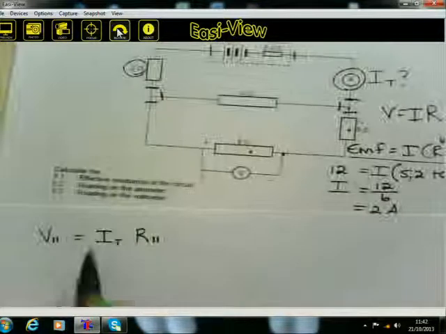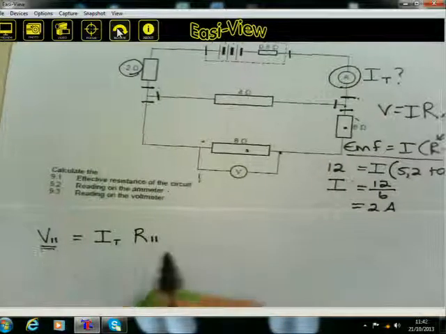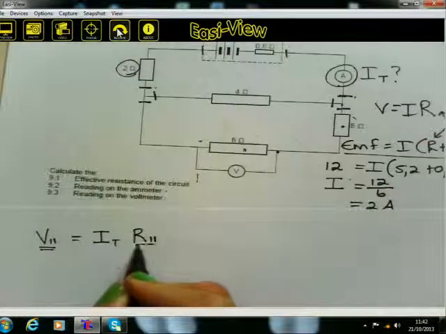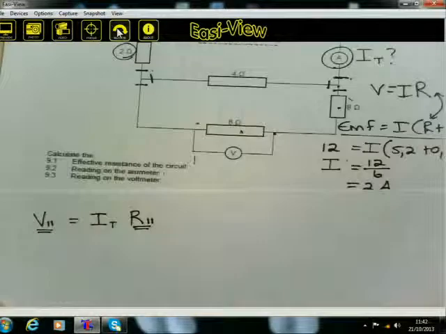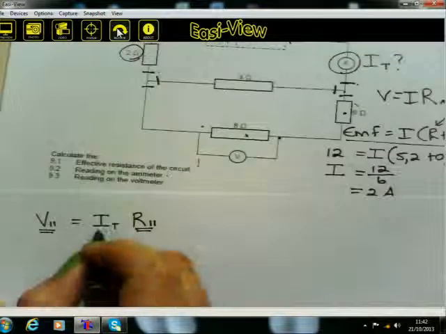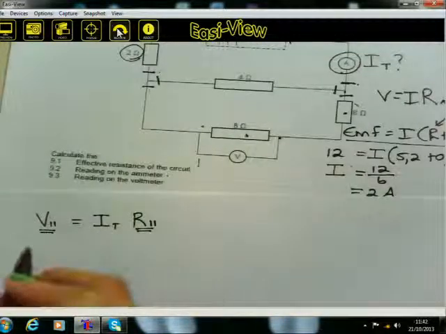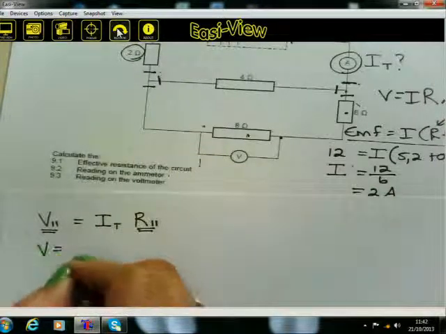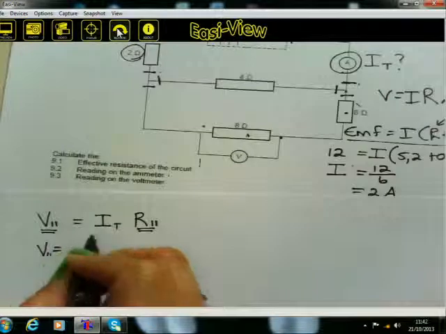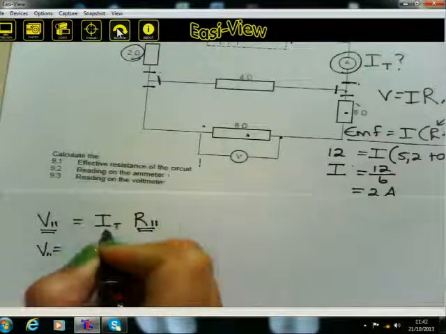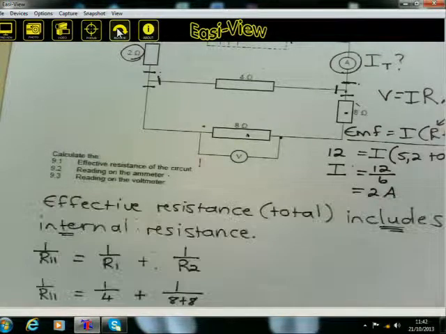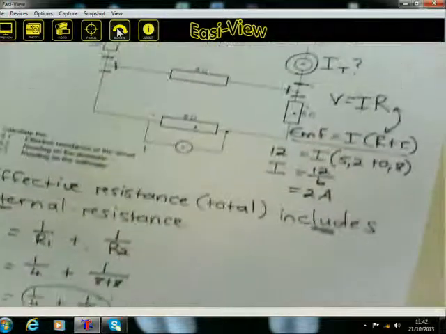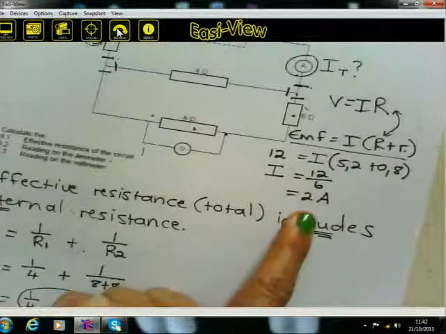It's very important that you see that V parallel and R parallel must be used together, as well as the total I. So V parallel equals, we already know the total current. We calculated that in the previous question. There it is, the 2 amps.